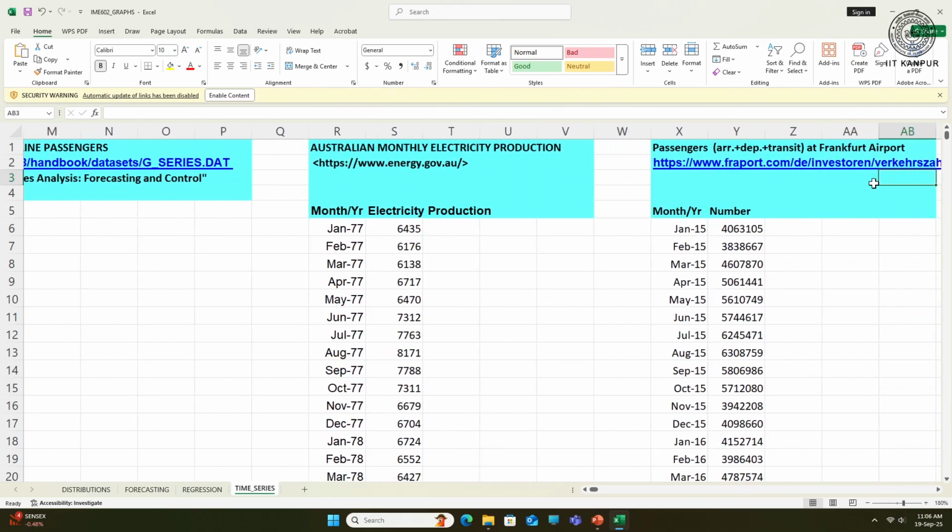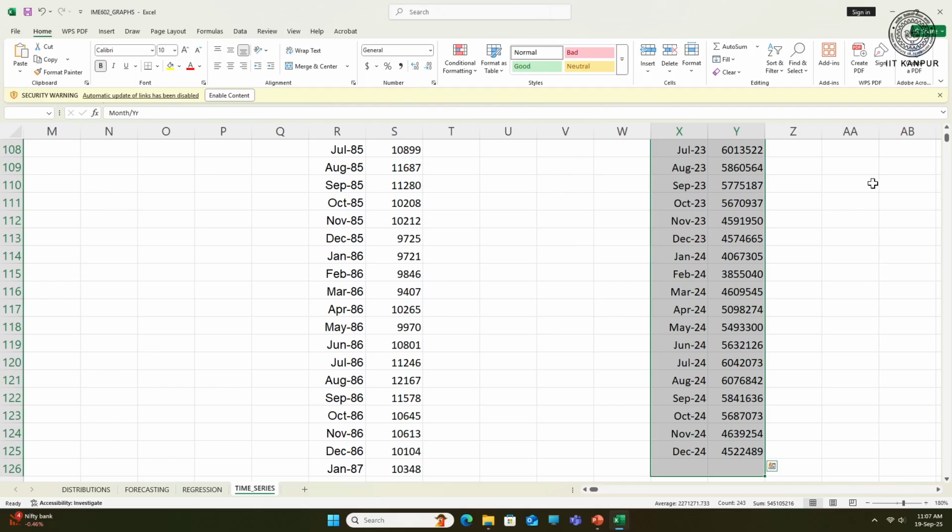Now, I come to the passengers, and here it is interesting, the passenger numbers which you have seen in the airline industry, I am only concentrating on Frankfurt. The pattern shape would be same, but there is only one important point which I should mention, and that should be easily discernible by all of the participants who are attending this course.